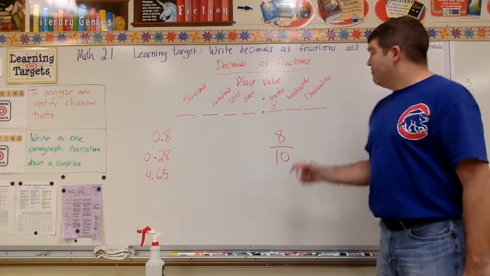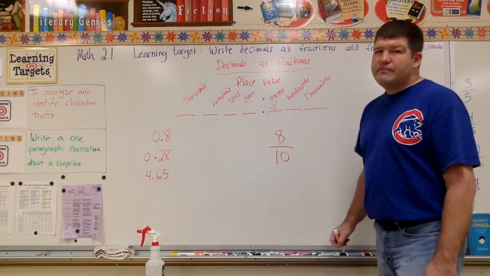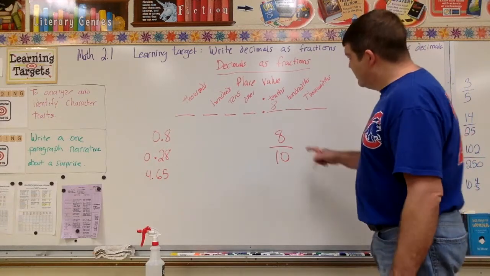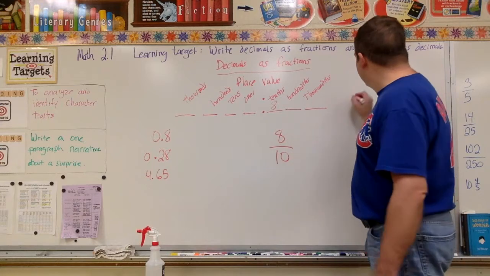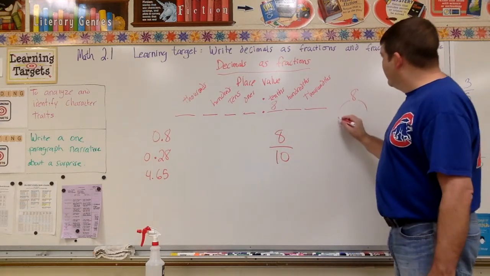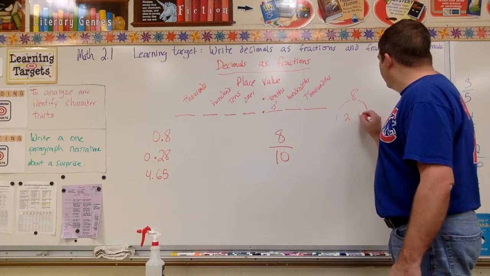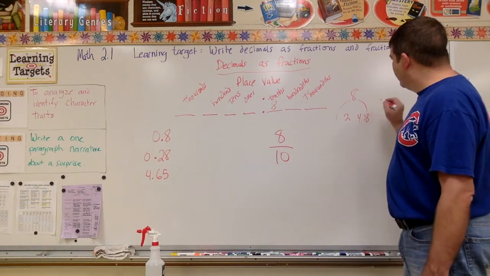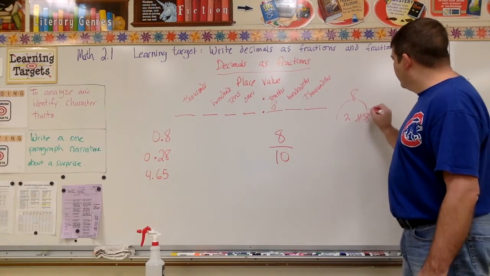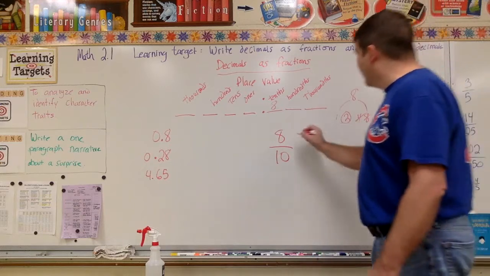That's all it is. But I see I got two even numbers here, and I can reduce each of those. What I like to do is I take the smallest one, 8, and I figure out all the factors: 1 and 8, 2 and 4. And then I see, can 8 go into 10? Nope. Can 4 go into 10? Nope. Can 2? Yep. So 2 is my greatest common factor.